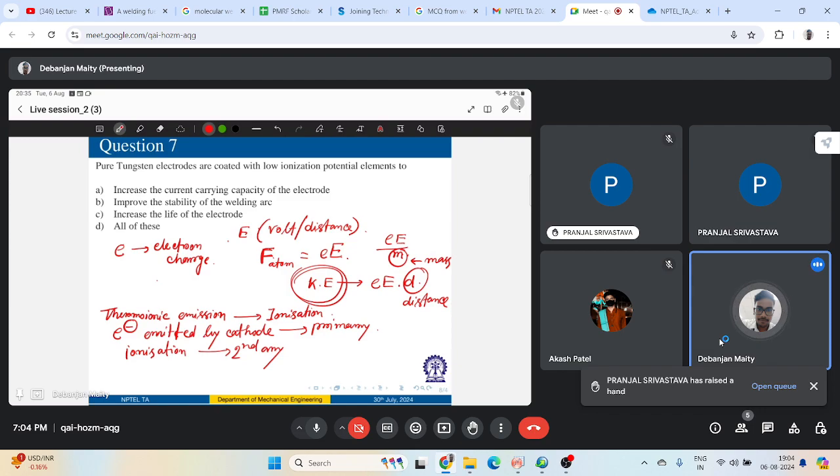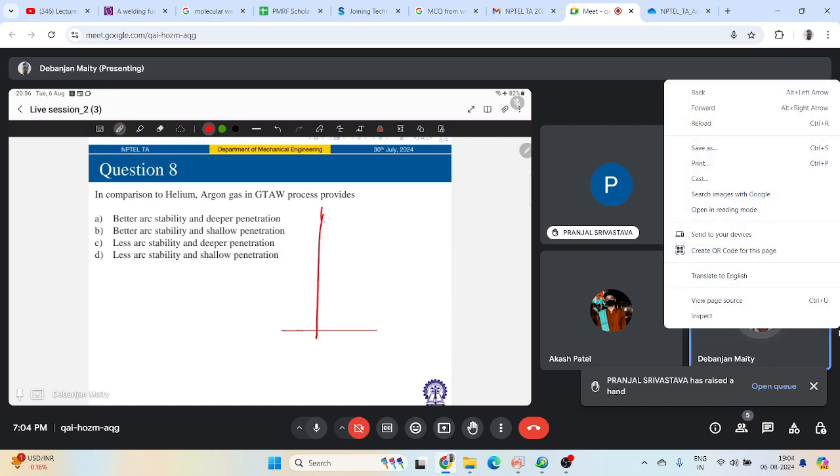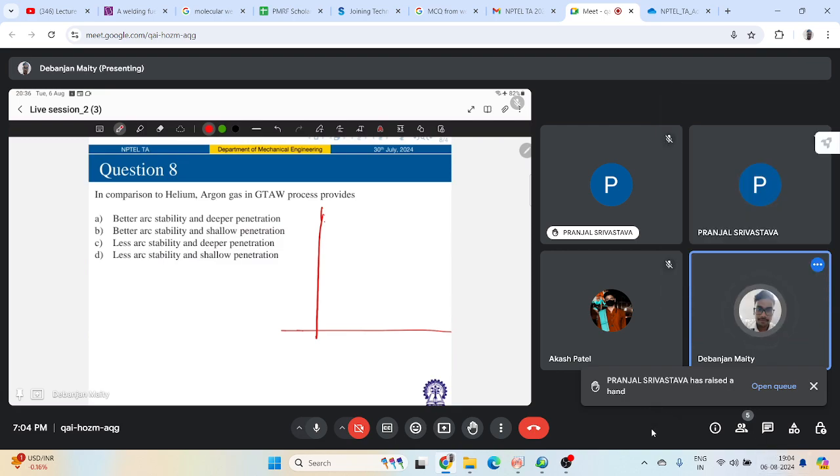Now, in your arc structure or arc characteristics, there are different regions in your arc, if you look at the potential differences across the arc regions. Let's say this is potential, this is my cathode and this is my anode.